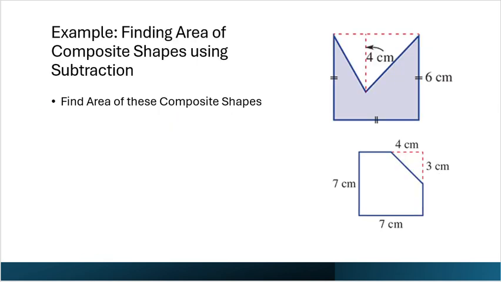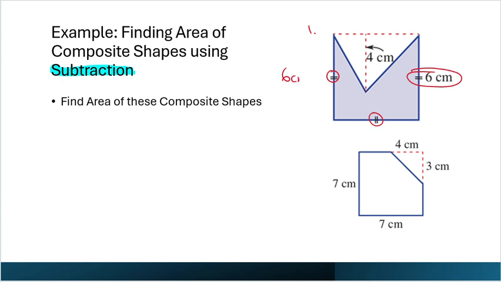Alright, the next thing is finding the area of composite shapes using subtraction. Okay, so as you can see in my first example here, I've technically got this outline is 6 centimeters. Double stroke here.